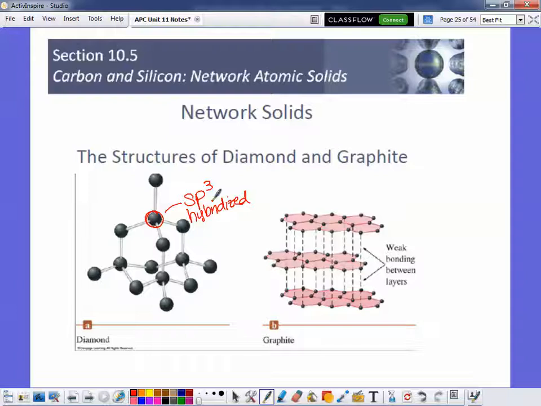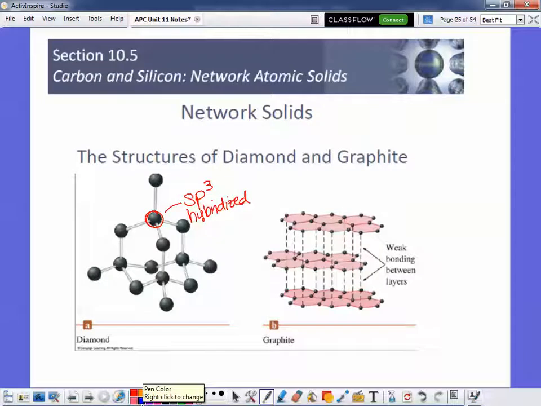Okay? So what types of bonds are there? If it's sp3, the only thing that can happen is sigma bonds. Yeah, we're reviewing some of that Unit 10 stuff. All right, so it's head-to-head overlap, not sideways overlap, right?